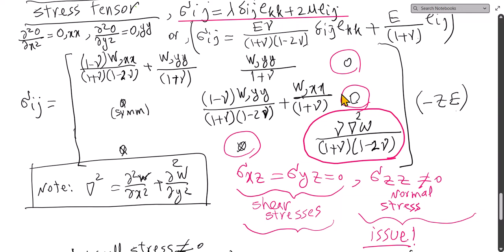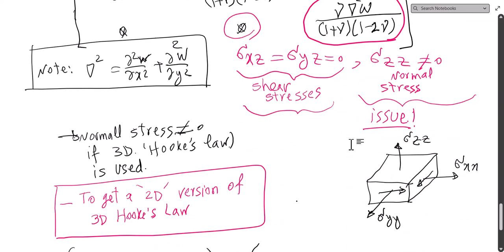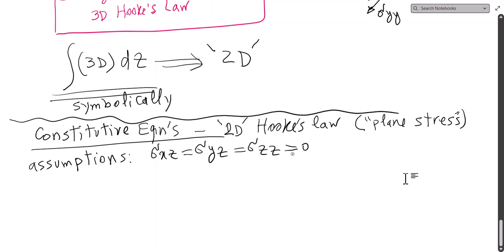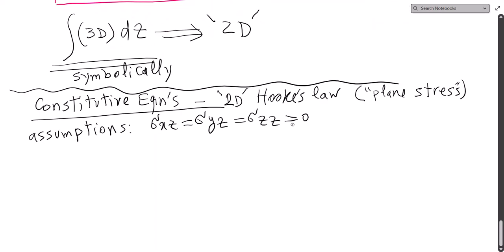You may accept this, say okay, that's small, but this one is a problem because this is normal stress and we cannot have it if we don't have traction on a plate surface. Okay, so once you do that, then you say, how do we get that? There are several ways of doing it, but I do it in a more direct way.